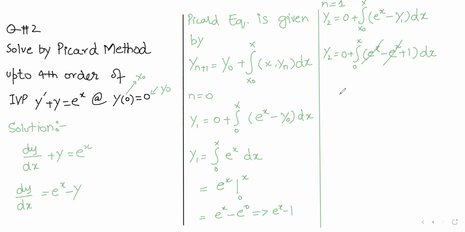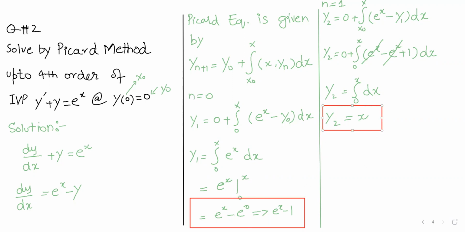It will be cancelled out, and then y2 will be the integral from 0 to x of dx, so it will be equal to x plus c. Okay, so this one was your y1, this is your y2.